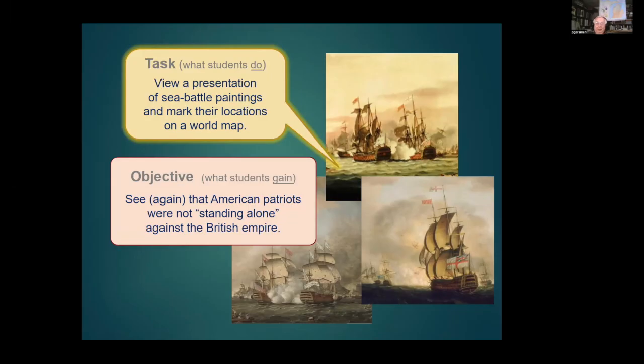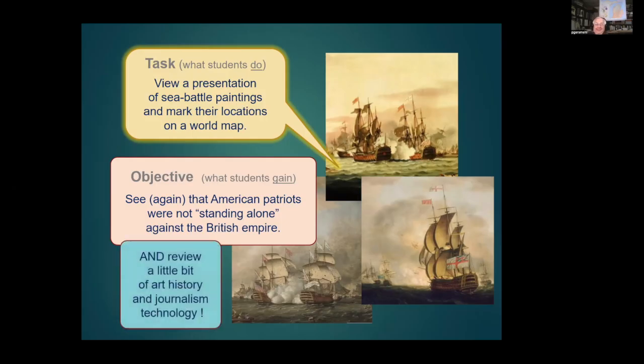The problem is 15 of them were in India and 6 of them were around Gibraltar, and a handful of them were in the North Sea, and a bunch of them were down in the Caribbean. And the result was that the British commander wanted 12 ships of the line in the Chesapeake Bay, but he was only allowed to have 5 of them because Britain was fighting too many battles in other places around the world.